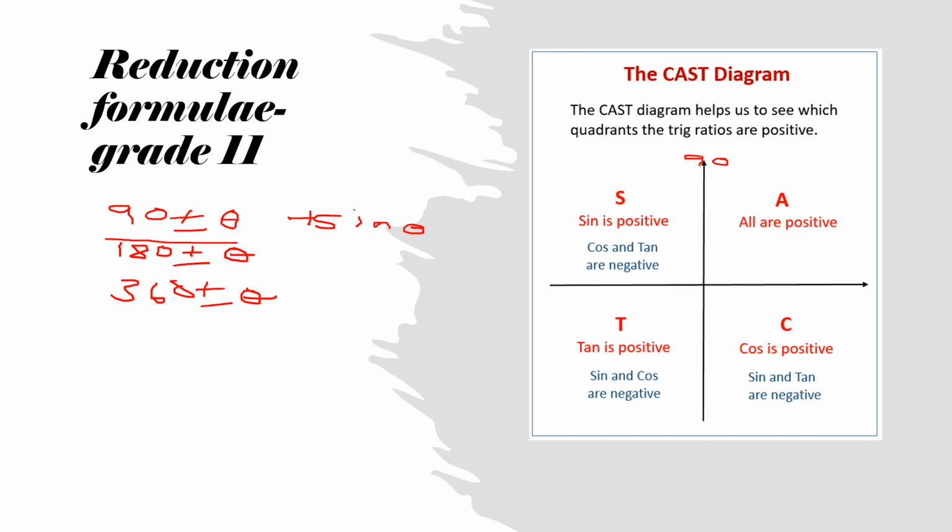In quadrant 2, which is between 90 and 180, only sine is positive, cos and tan are negative. In the third quadrant, which ranges from 180 to 270, tan is positive, sine and cos are negative. In the last quadrant, the fourth quadrant, only cos is positive, sine and tan are negative.